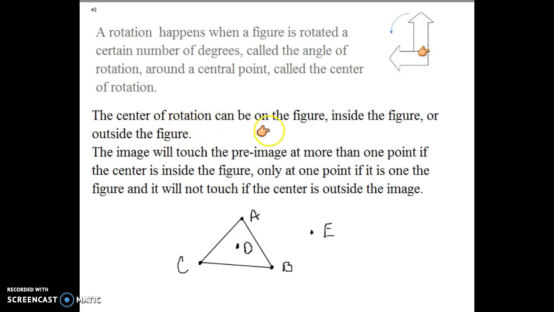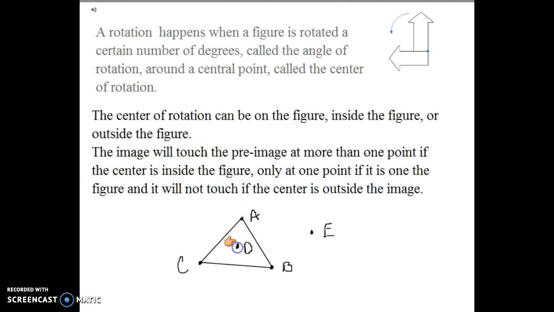Now we can turn a figure on a point that is either on the figure, inside the figure, or outside the figure. If we turn it on a point, if the image is going to touch the pre-image at more than one point, then the center is inside the figure.